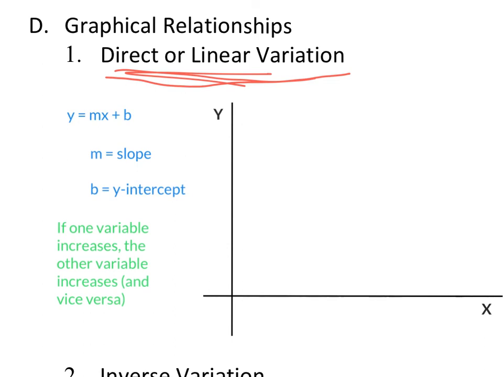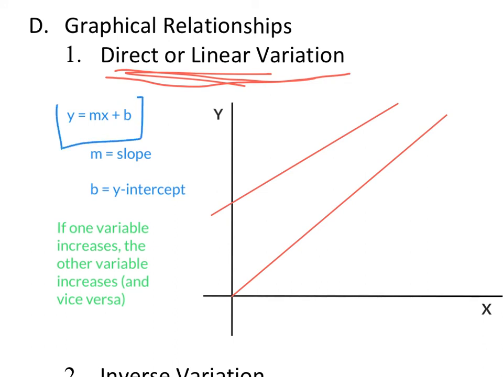It might go through the origin and look like that, or you might have a line that has a y-intercept. So it might look like this and actually cross somewhere along the y-axis. In either case, the equation for a direct or linear variation would be in the form of y equals mx plus b.